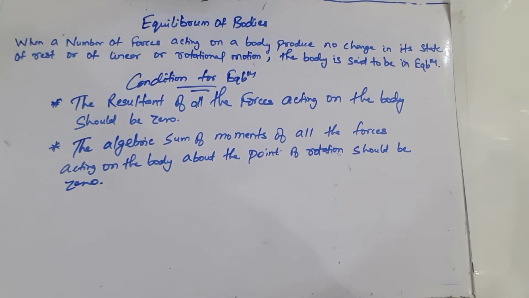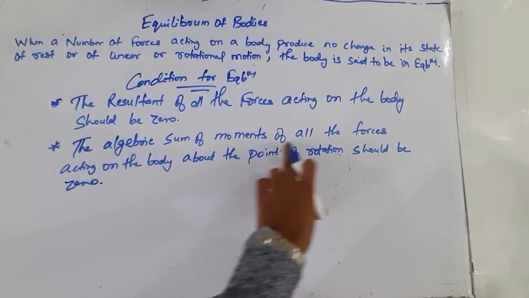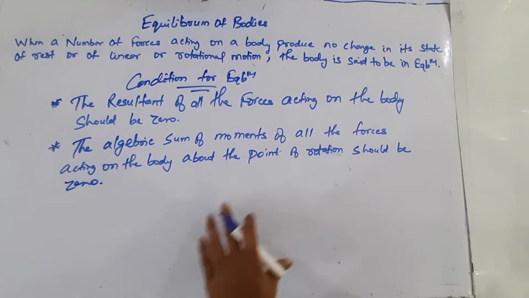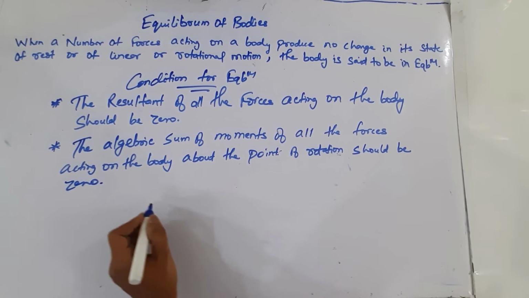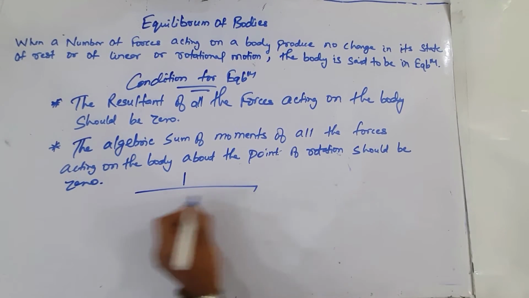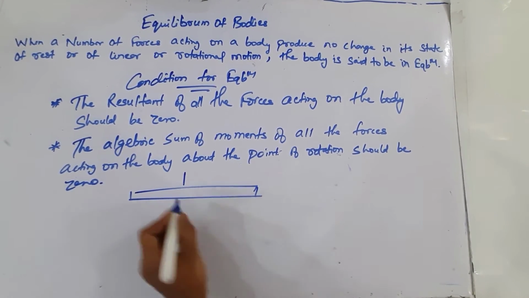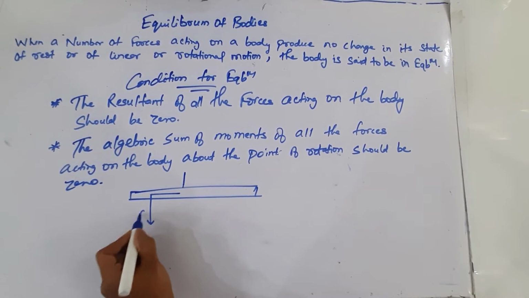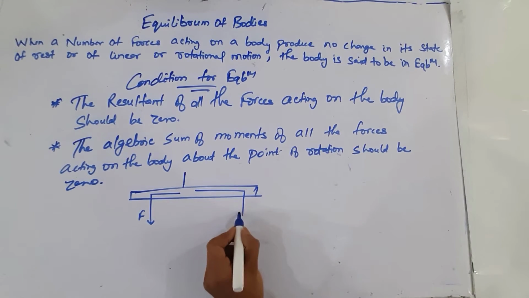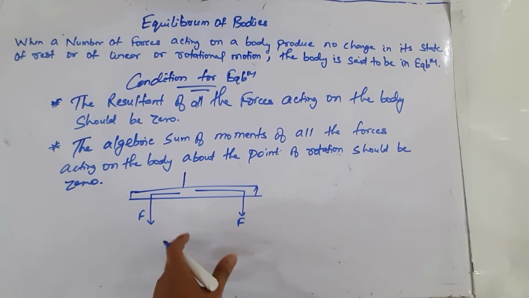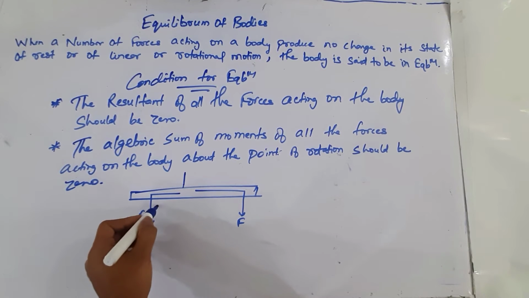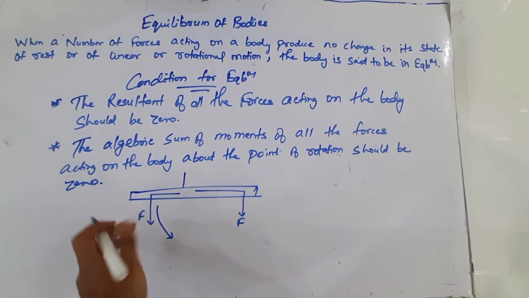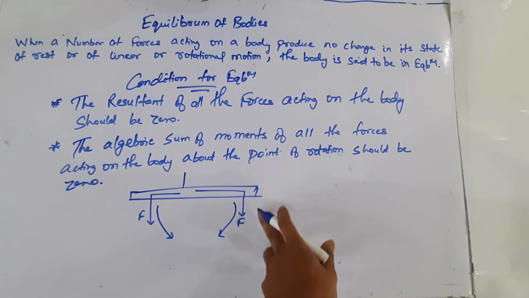The next condition for equilibrium is that the algebraic sum of moments of all the forces acting on the body about the point of rotation should be 0. As we have discussed, there is a suspended body and we are exerting a force at this point and another force at this point. The forces are such that the moment of force produced at this point would be the same as the moment created at this point.